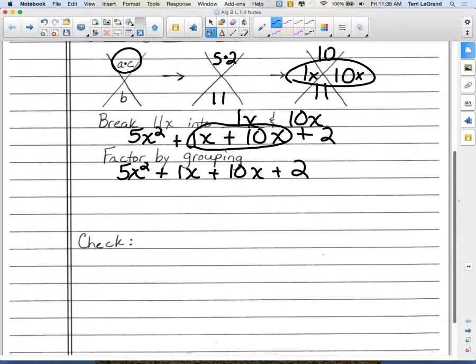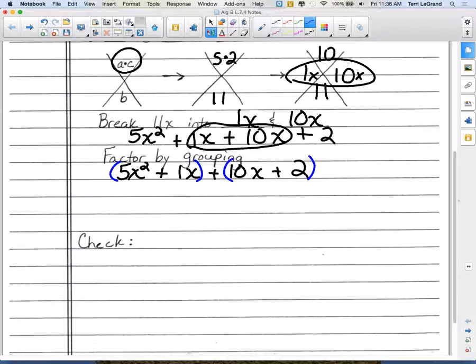All we've done is rename 5x squared plus 11x plus 2. Its new name is 5x squared plus 1x plus 10x plus 2. And now we can make our groups because we don't have any subtraction to worry about. So we're going to group these guys together and these guys together.